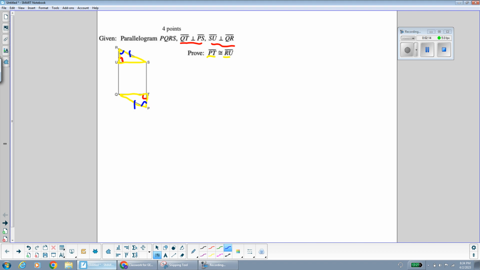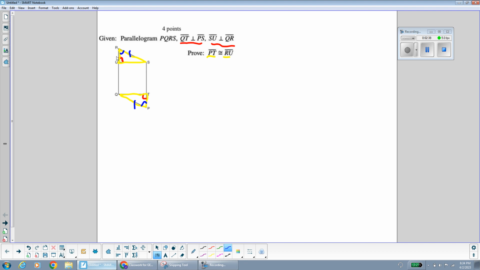And there I have enough information to prove the two triangles congruent by angle, angle, side, or AAS for short. Once I prove the triangles congruent with AAS, it's one more step in my proof to prove corresponding sides PT and RU congruent using CPCTC.